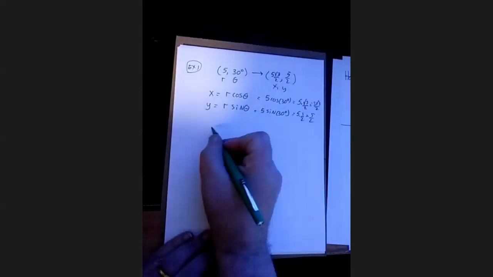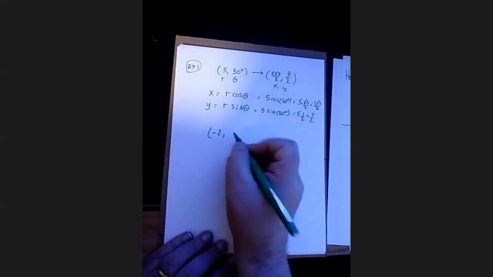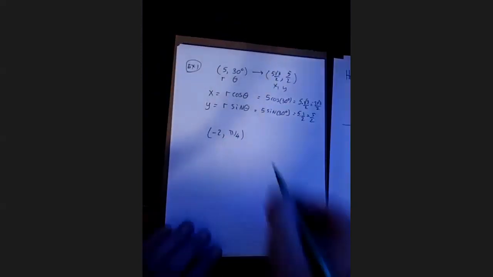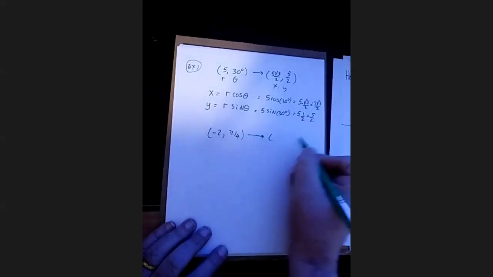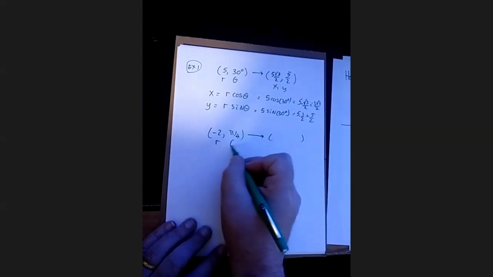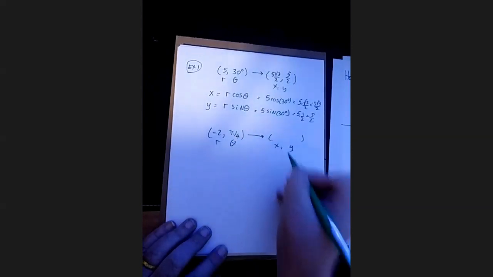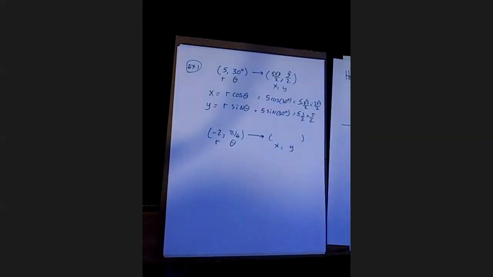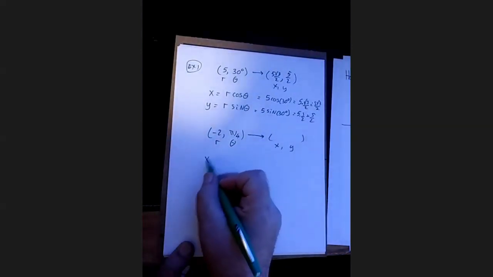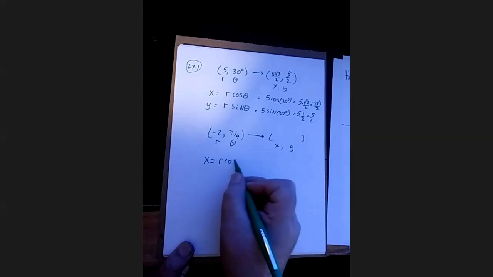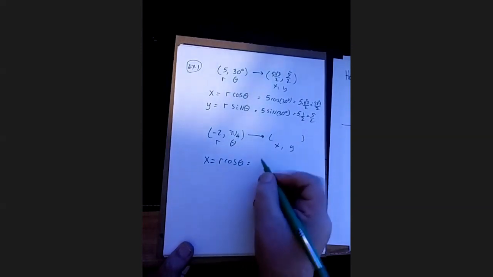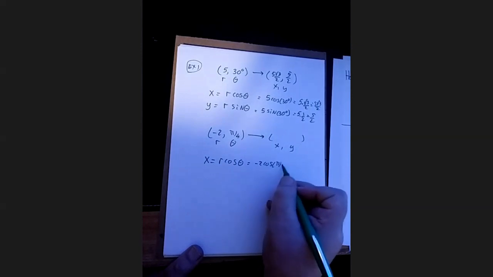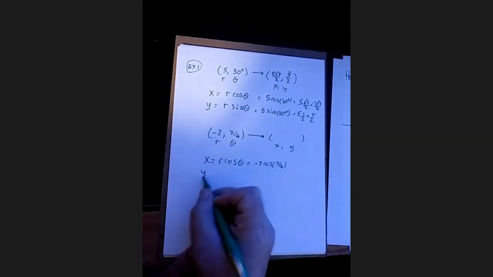How about this one? We have our polar, and we're going to turn it into Cartesian. So our x coordinate is this fella, and our y coordinate is this fella.